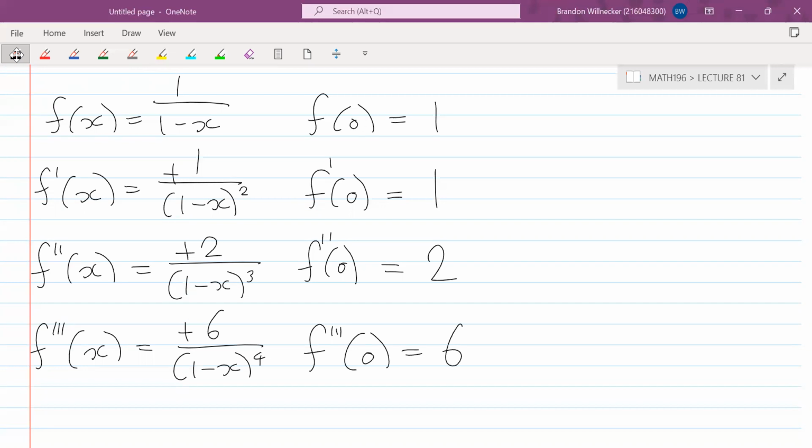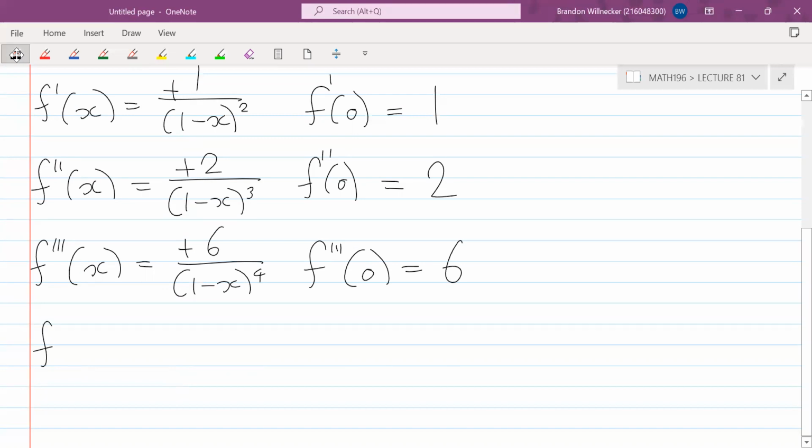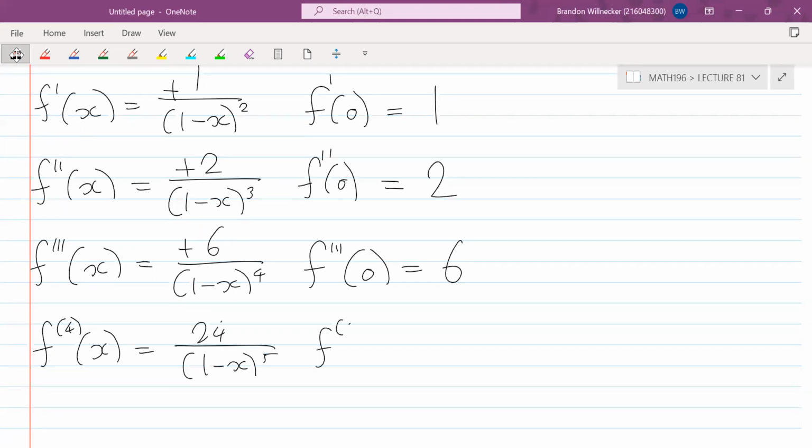Okay, so let's do one more. So the fourth derivative is going to be 6 times 4, so that's going to be 24. Again, the chain rule makes it a plus, so we're going to have 24 over 1 minus x to the 5. The fourth derivative evaluated at 0, that's going to be 24.